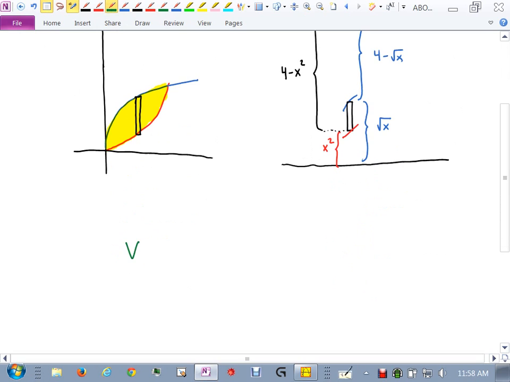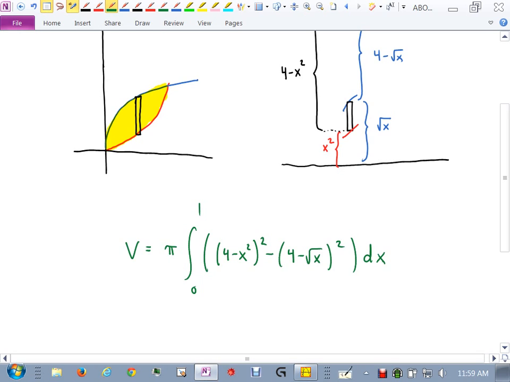The volume is pi, 0 to 1, outer radius, minus the inner one, dx. And then you could work that out.